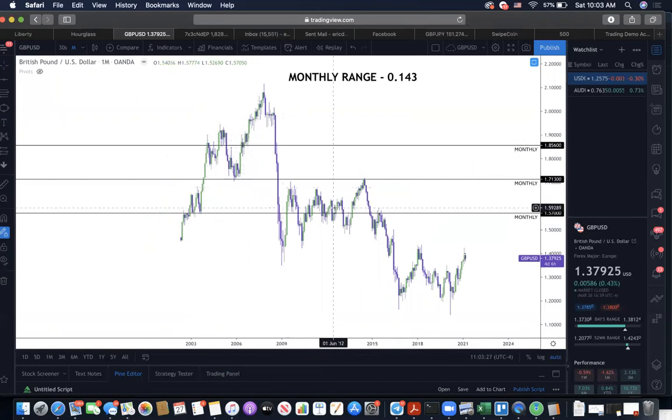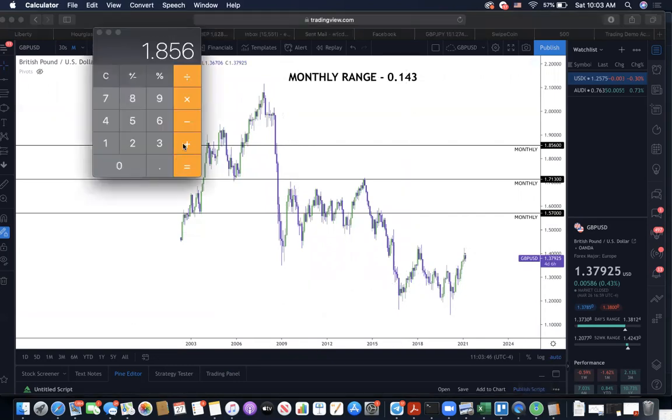So it's crazy that the monthly range actually gives continued areas of support and resistance once you find your foundation. This area here is your foundation. This is where we started from, and then we'll apply it all the way up and all the way down. So we would add 0.143 and you have 1.999, basically 2.0.